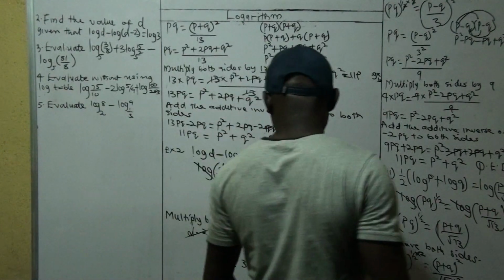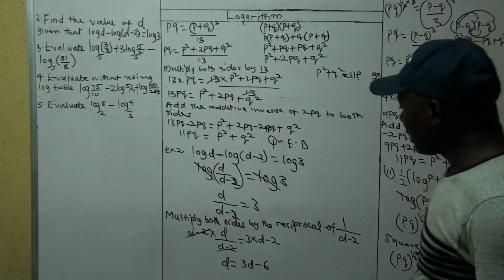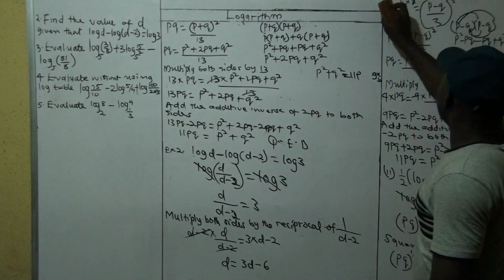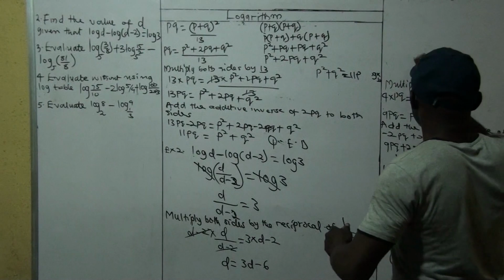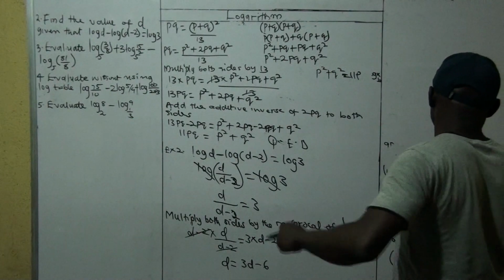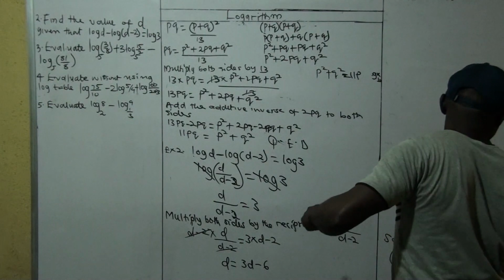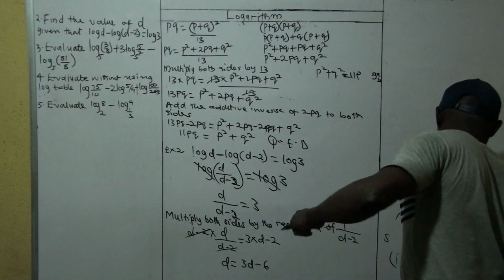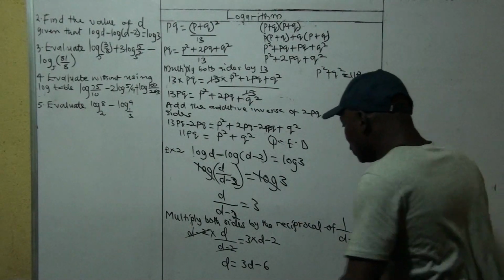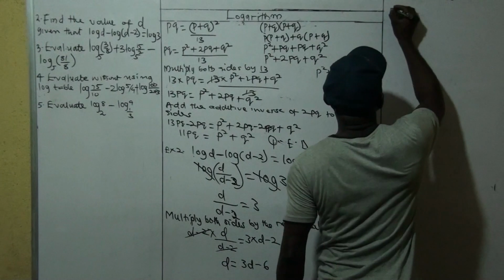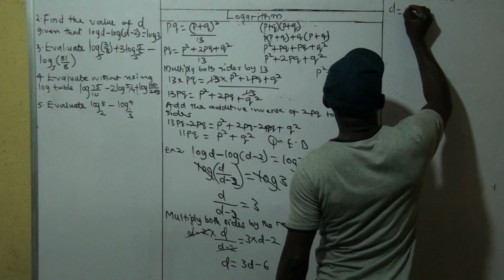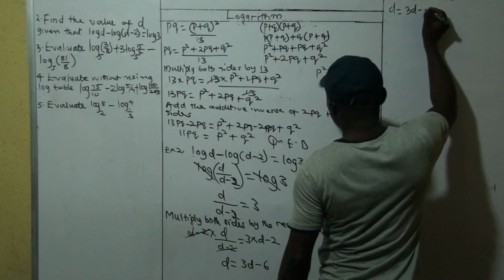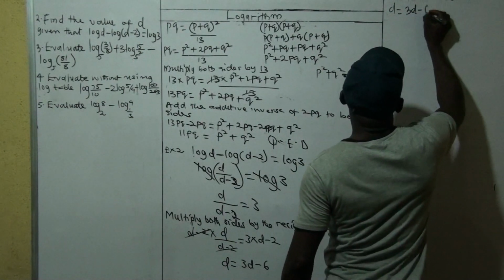Okay, so our equation is now of the linear form. So we can proceed very quickly. The equation we're having here is d is equal to 3d minus 6.